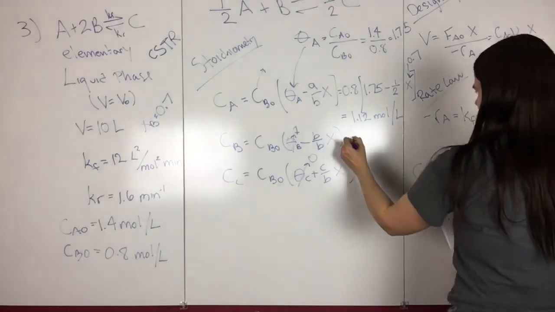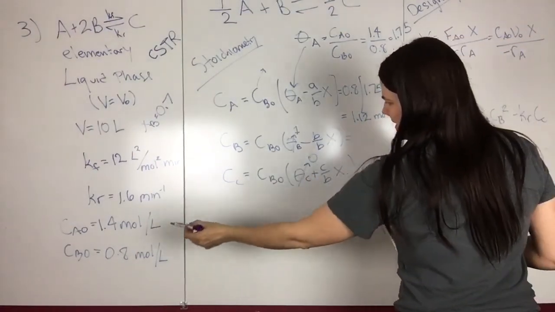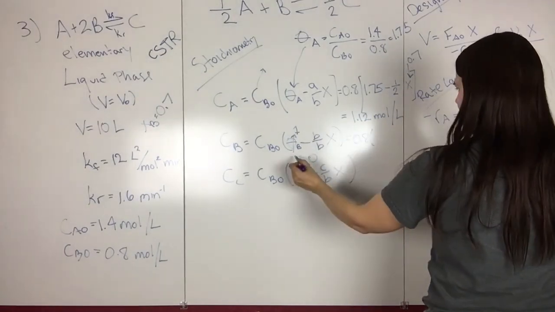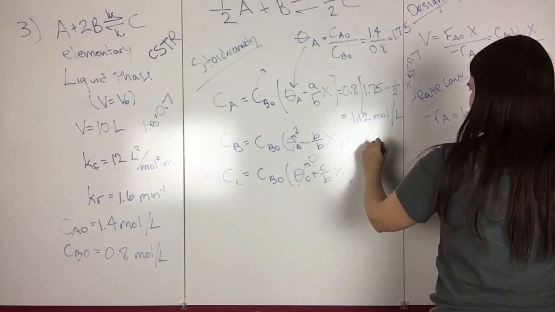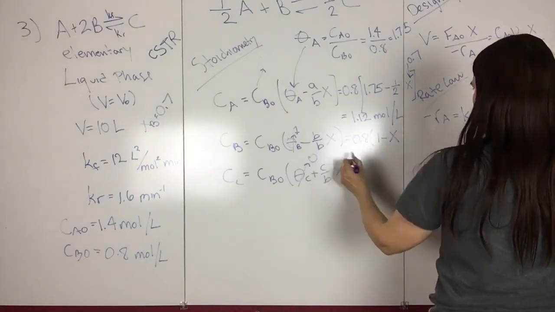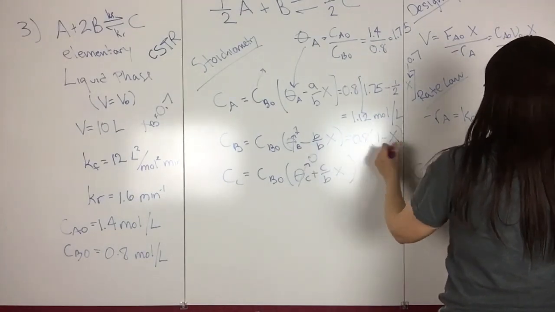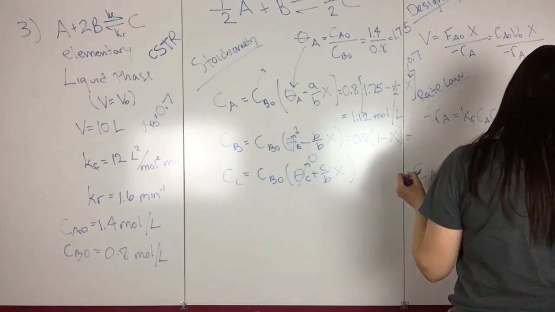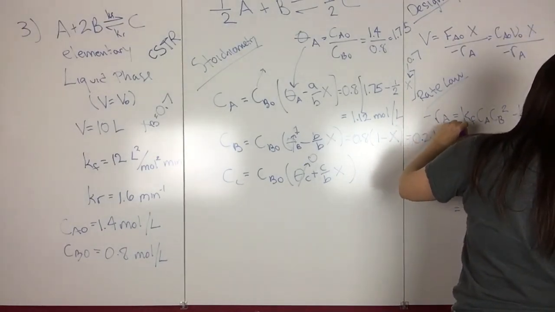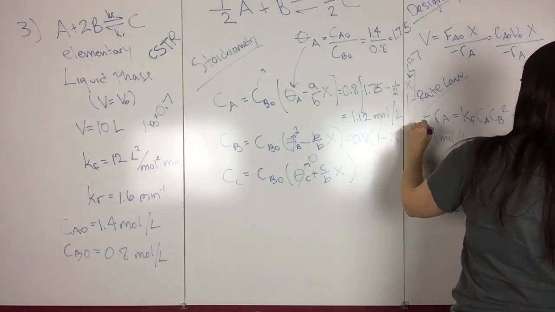And then doing the same thing for Cb, we have Cb naught, which is 0.8, multiplied by 1 minus x, because that's 1. And then x is 0.7, so this is equal to 0.24 moles per liter.